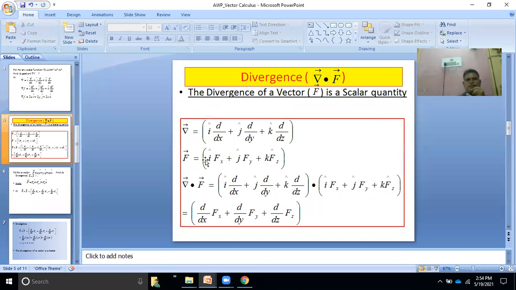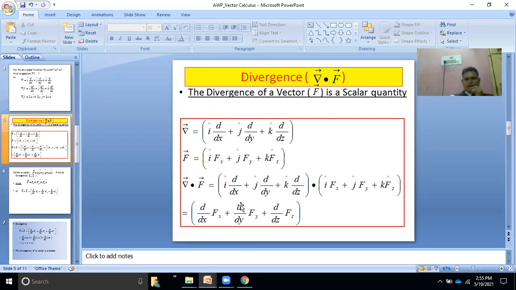Here f is another vector. Now you have to find the divergence of this vector f. The divergence is equal to the dot product, so you get only the i term, j term, and k term.